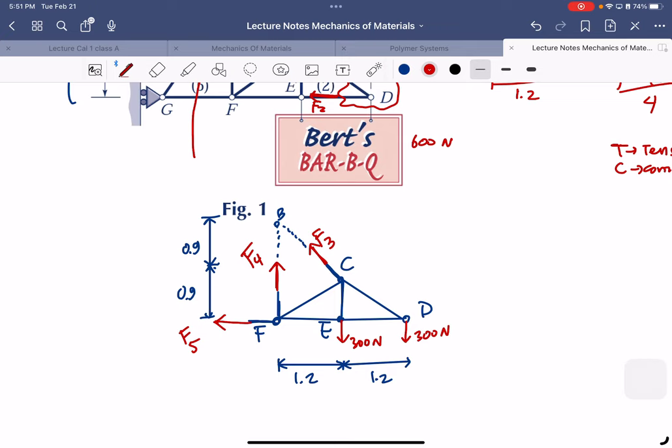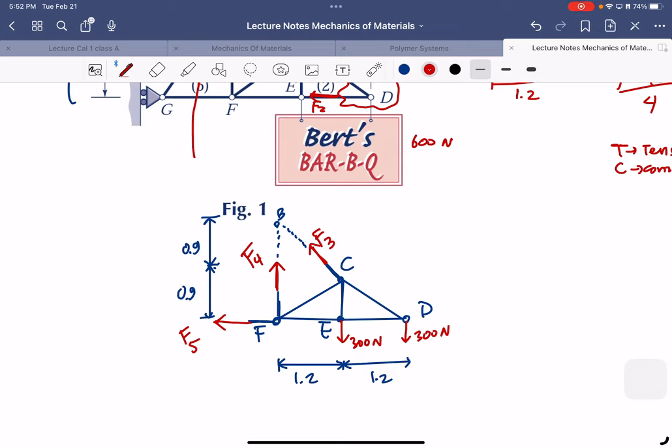Okay, now we have three forces, and we don't know how much force for F5, F4, and F3. And if you remember, because we are given this length, why don't we use the moment? Okay. So we are going to take the moment.